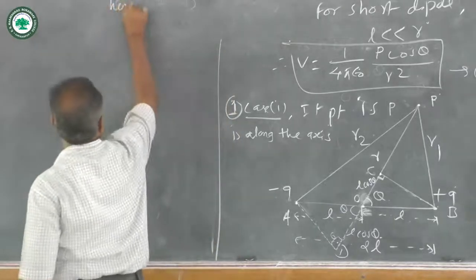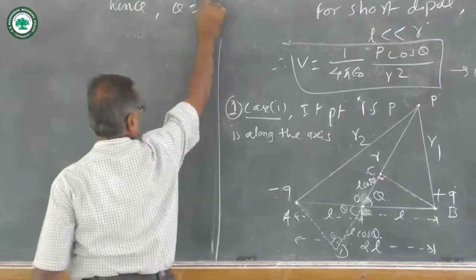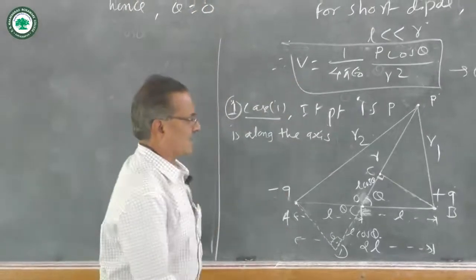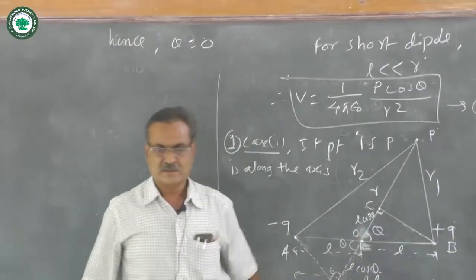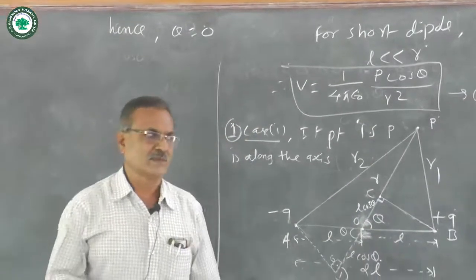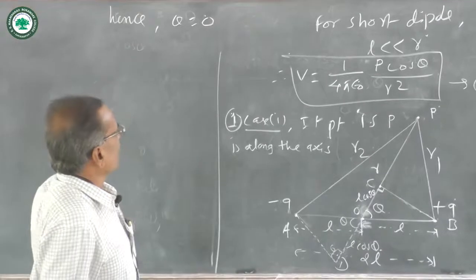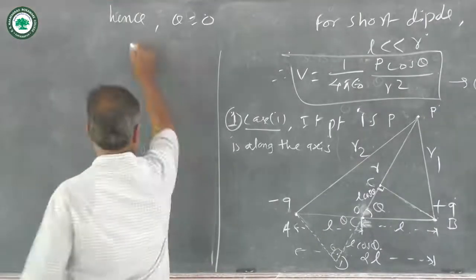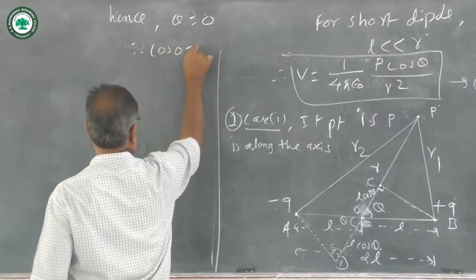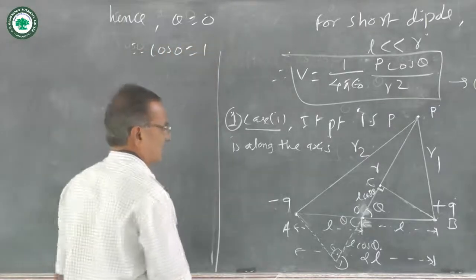Hence theta is equal to 0 degree. If we consider point P along the axis, then the point is on the axis, and the angle between them is 0. So cos 0 is 1.